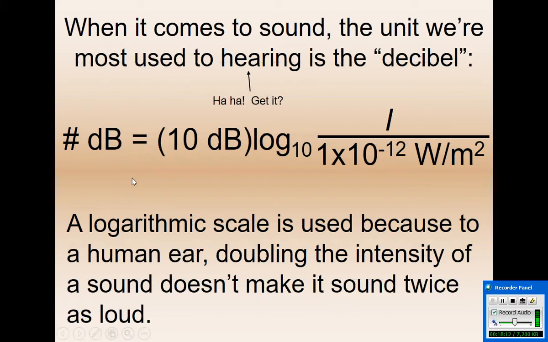The decibel is based on the softest possible sound a healthy human ear can recognize. And that intensity is 1 times 10 to the negative 12 watts per square meter, as we discussed on the previous slide. To determine the number of decibels, you need to know the intensity, I. You take I and divide it by 1 times 10 to the negative 12.